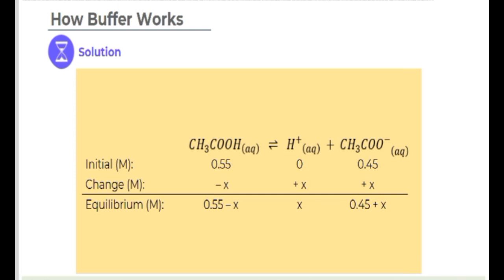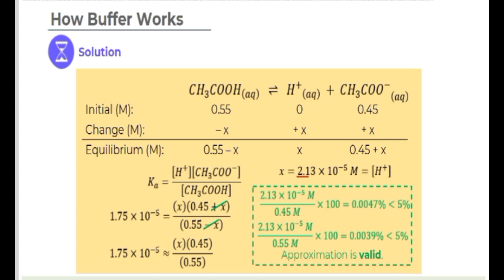As equilibrium is reached, acetic acid concentration is reduced by X, while the concentrations of hydrogen and acetate ions are increased by X. At equilibrium, the concentration in molar of acetic acid is 0.55 minus X, that of hydrogen ion is X, and that of acetate ion is 0.45 plus X. Now, substitute the obtained equilibrium concentrations into the Ka expression for acetic acid.